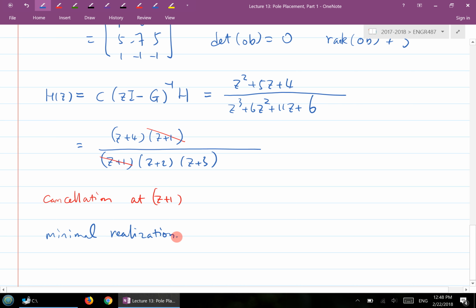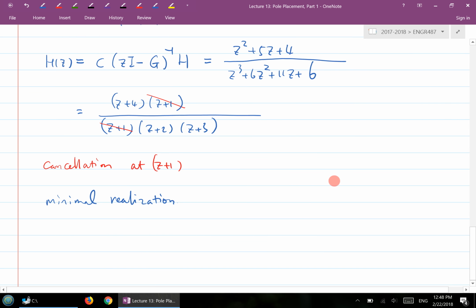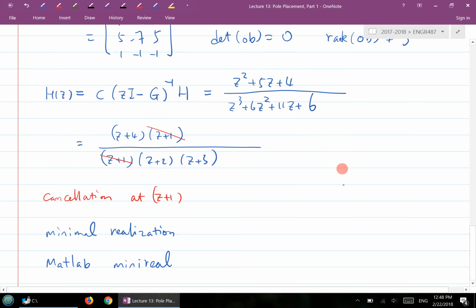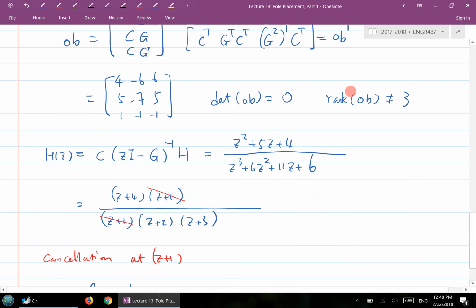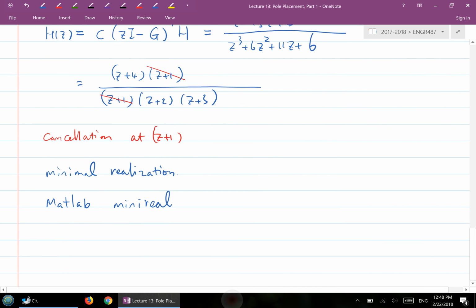So in MATLAB there is a command called minreal. What you can try is this. You have your G, H, C here.